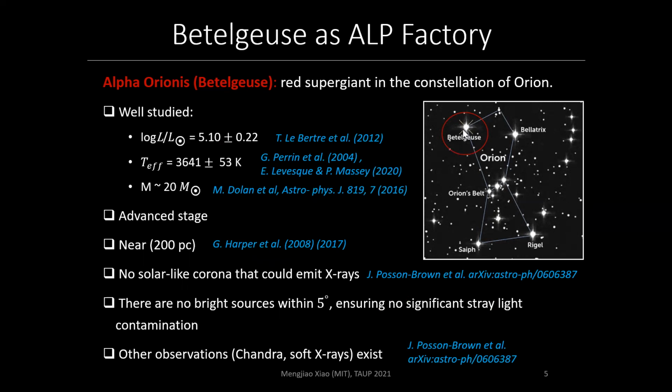So there is no significant contamination in this range. These facts essentially provide zero standard astrophysical background. Next, there exist other X-ray observations from Chandra, which are useful for cross-checks.